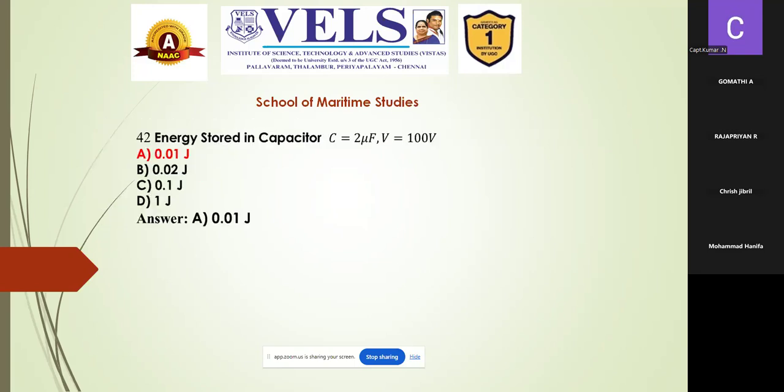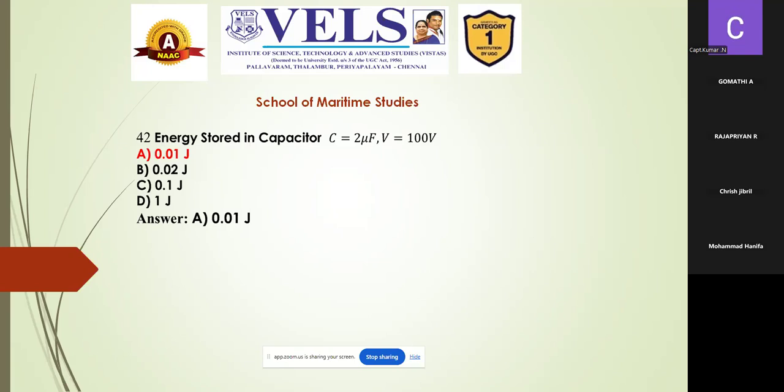Our next question is, energy stored in capacitor C is equal to 2 microfarad. We can write 2 into 10 power minus 6 farad. Then V is equal to 100 volt. We need to find out the energy stored in the capacitor.